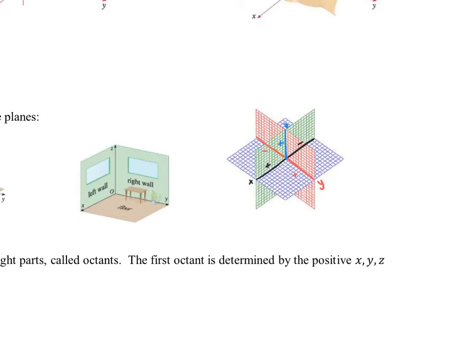If that's the case, then originally, if we were to look at this sort of bluish, purplish plane, that's our XY plane. So that's sort of based on what we have studied in the past. This little section here would be quadrant 1. Well, now what we call that is octant 1. Okay, so that's the first octant.